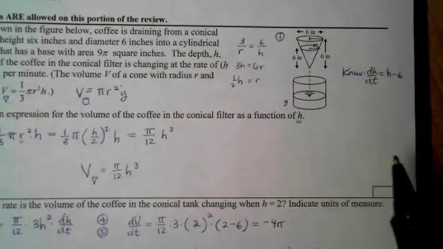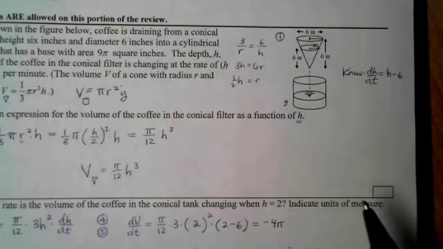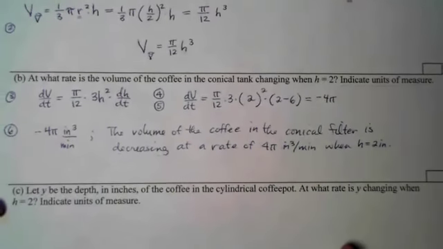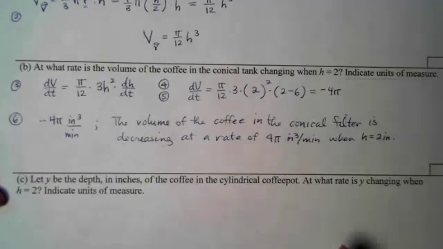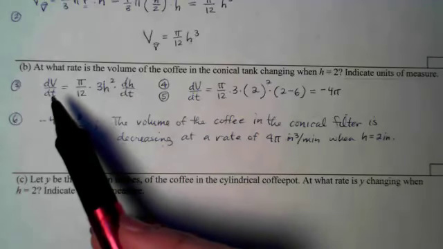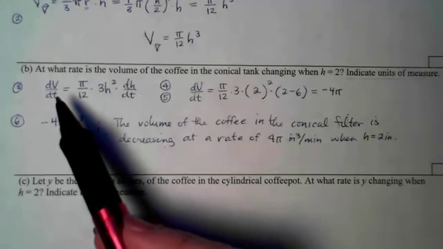Now, I don't know about you, but that looks a little hard. So instead, we can use something that we also know here. We just, in part B, figured out dV/dt for the volume of the coffee coming out of the cone. Well, that volume of coffee coming out of the conical filter is the same as the rate at which coffee is coming into that pot on the bottom.